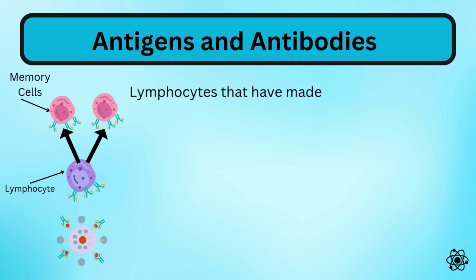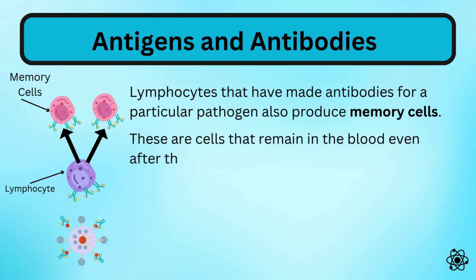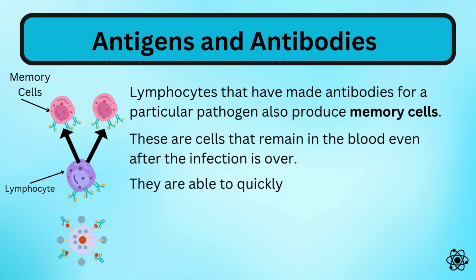Lymphocytes that have made antibodies for a particular pathogen also produce memory cells. These are cells that remain in the blood even after the infection is over. They are able to quickly produce the original antibodies if they were to come across the same pathogen again.